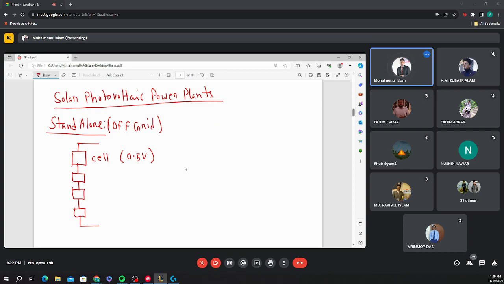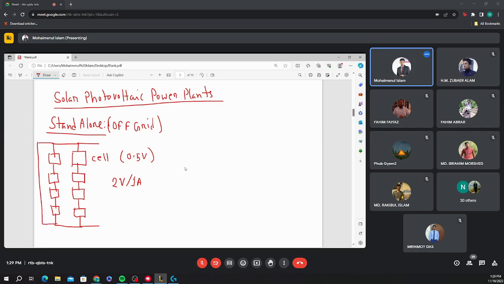Each has 0.5 volt, so you are getting 2 volts. And if I have 2 branches, suppose each branch has 1 ampere current, then the current would be 2 amperes. 2 amp, right?